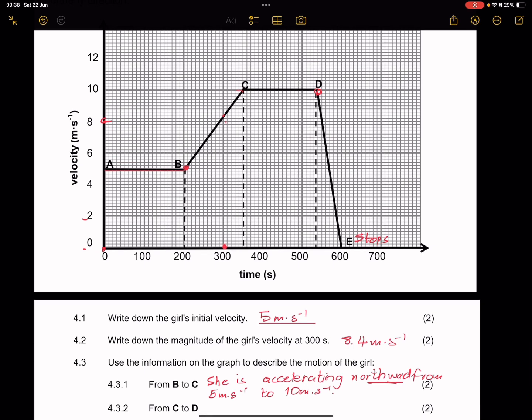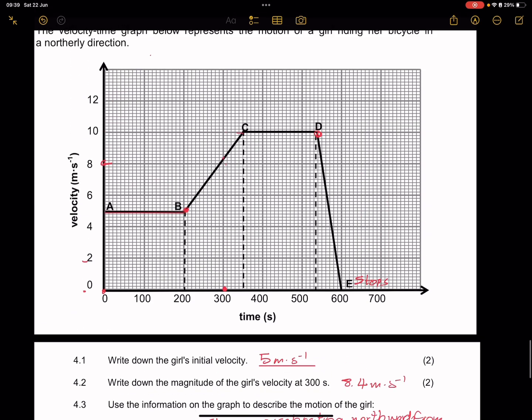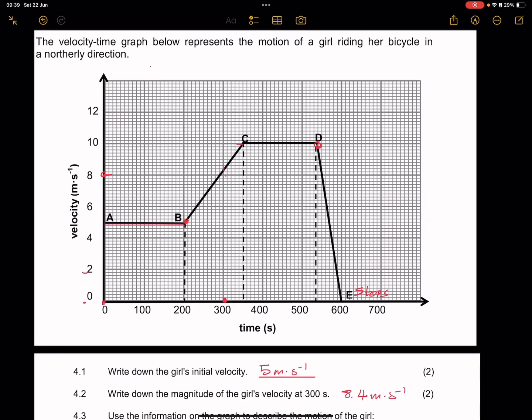And then the next question, they say to us, from C to D. Now notice she moves at a constant velocity of 10 meters per second.